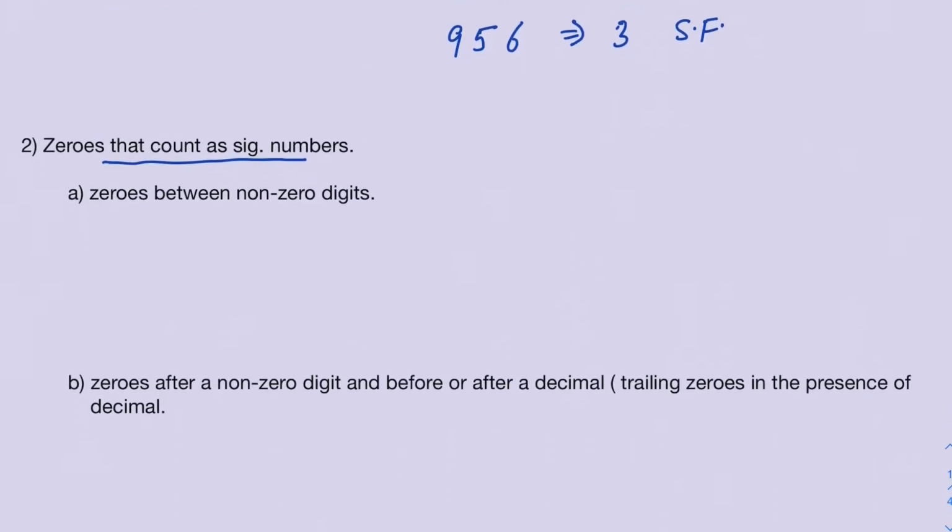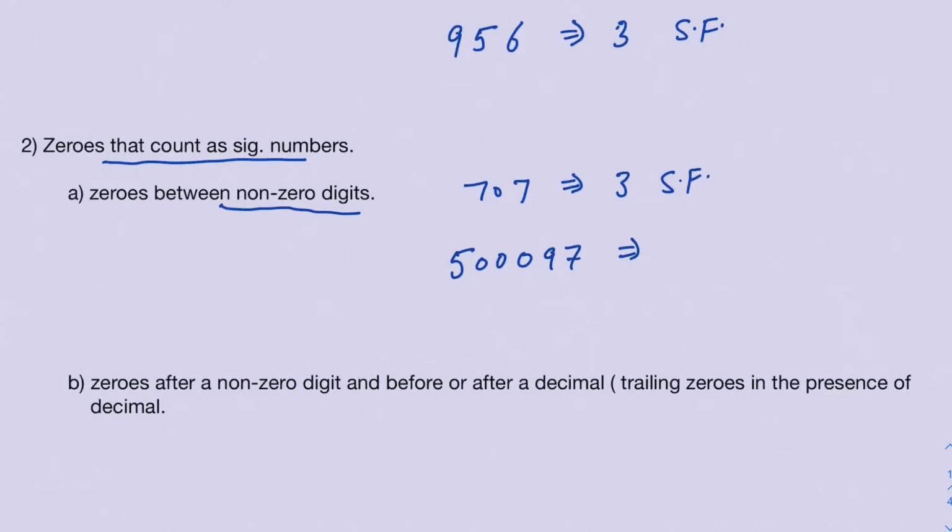If you have a 0 between non-zero digits, it counts as a sig fig. For example, I could have 707. This 0 is in between the non-zero digits, so it's counted as a sig fig, and this number has 3 sig figs. Or let's assume I have 500097.